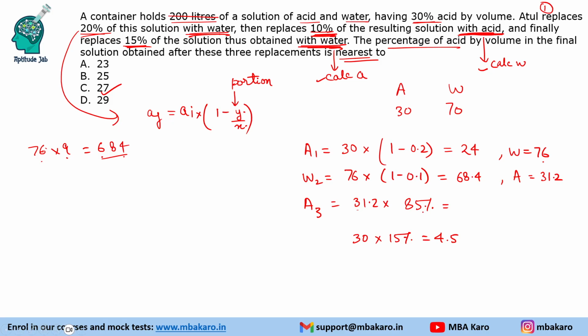It is not exact, but we need to approximate. If you subtract 31.2 minus 4.5, you will get 26.7, which is rounded off to 27. So this is the rough approximation you need to do because the question itself is asking nearest to.